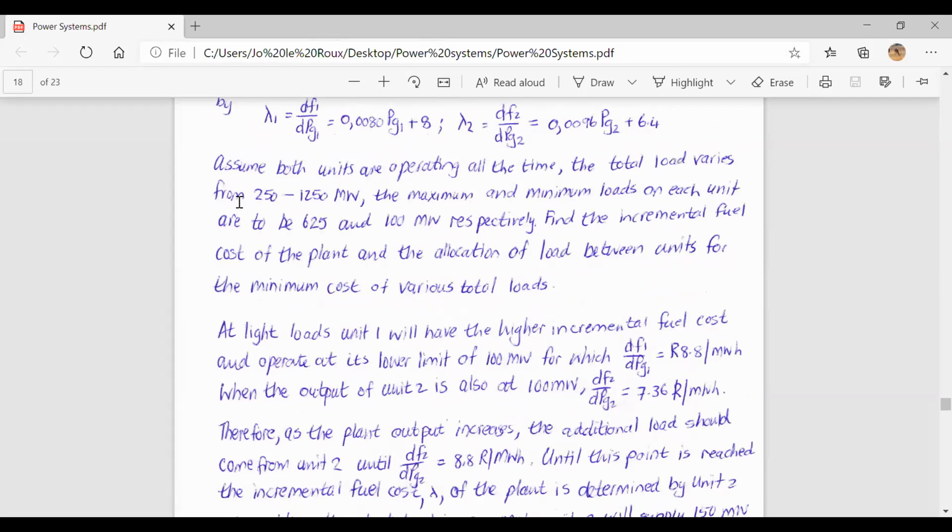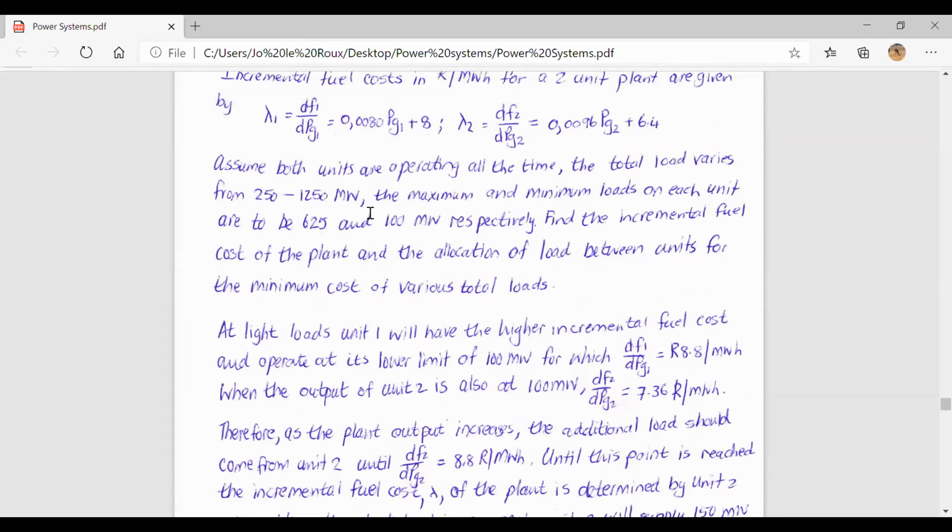The total load varies from 250 to 1,250 megawatt. Maximum and minimum loads on each unit are 625 and 100 megawatt respectively. Find the incremental fuel cost for the plant and the allocation of loads for units for minimum cost and various total loads.